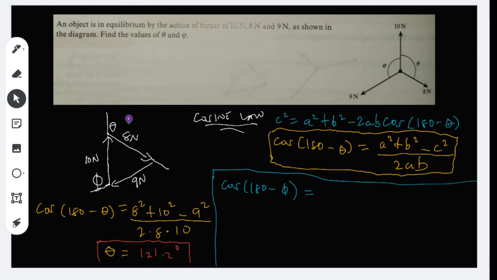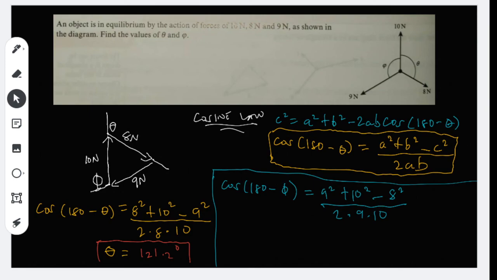Because of that, we're going to have 9 squared plus 10 squared minus the opposite side, which is 8 squared, all over 2 times 9 times 10.